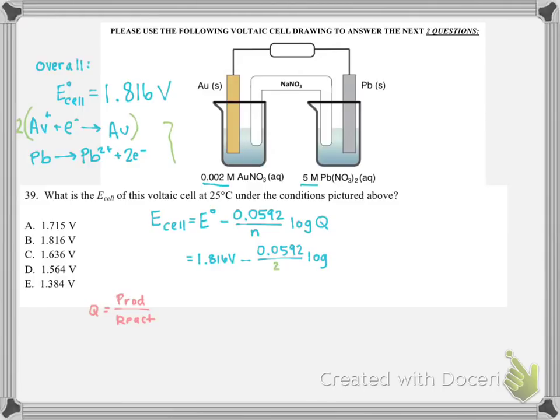So we can just combine our 2 half reactions. We'll have 2 gold ions, those are in solution with the lead solid, reacting to form lead ions in solution and 2 moles of the gold solid.